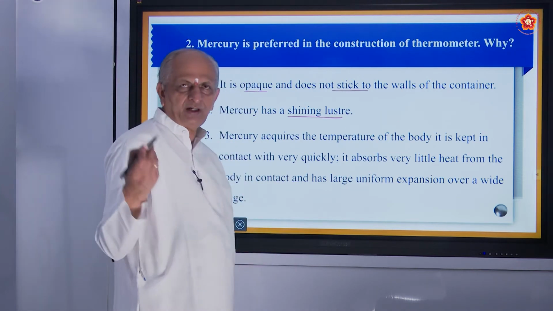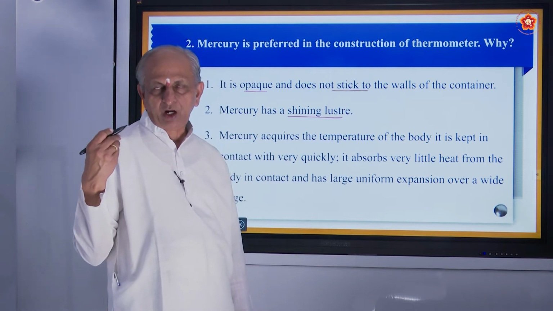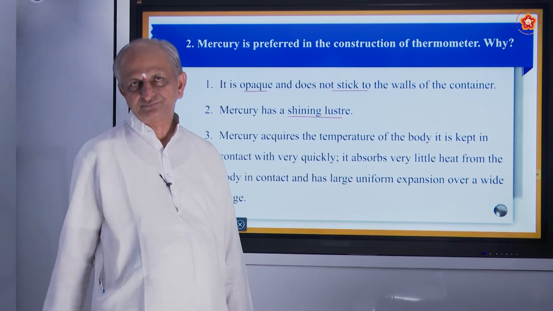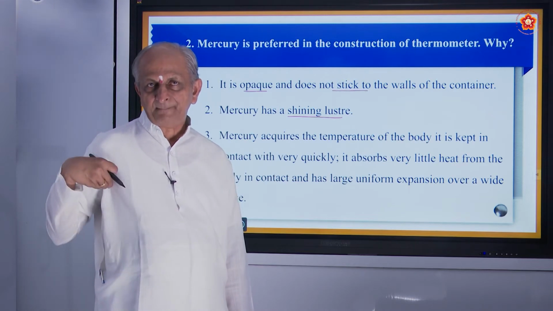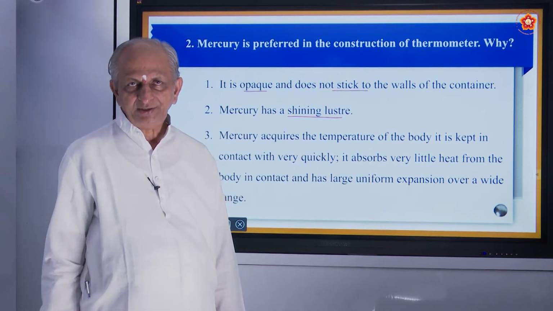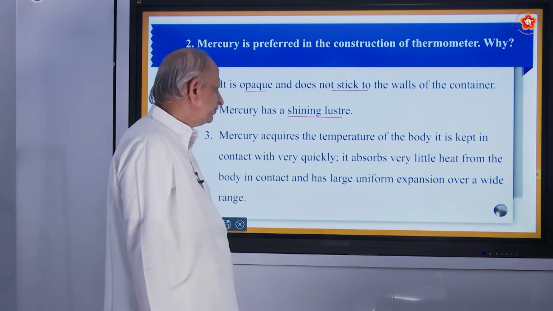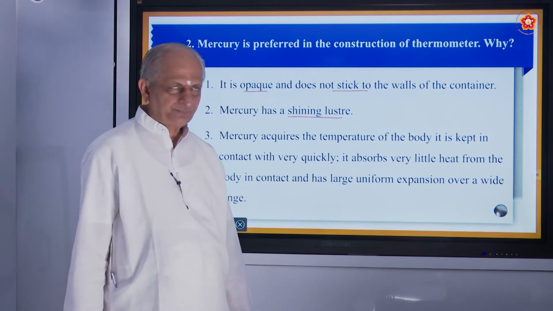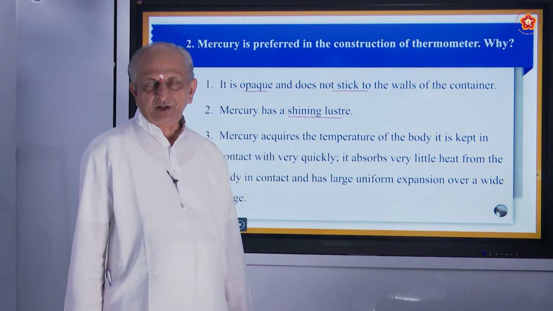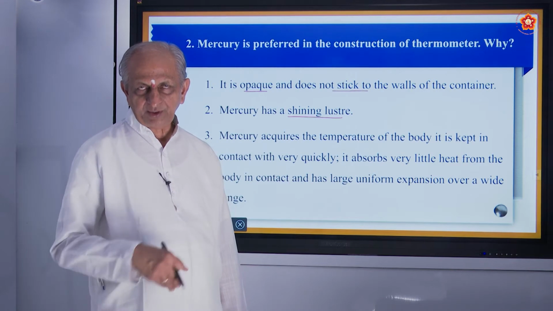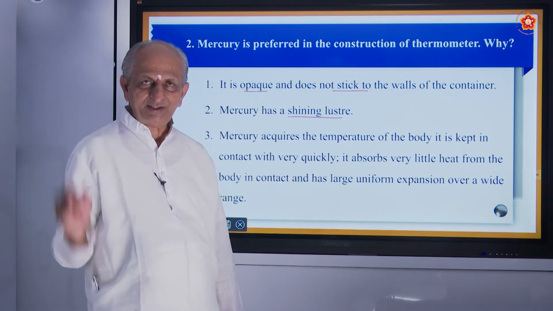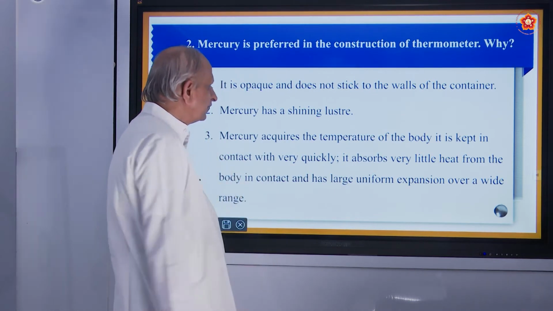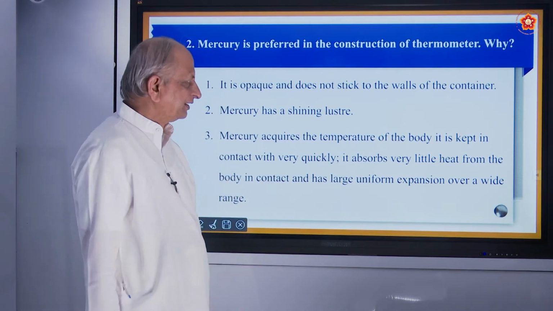So when it is kept in contact with our body, the mercury level rises. Usually it is kept in the armpit or below the tongue. So it shows a gradual increase when it is kept in contact with the body, and when it is taken out, it shows a gradual decrease. So that is why mercury is preferred, and it has a very shining luster.